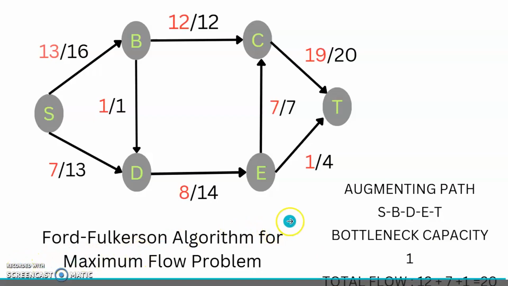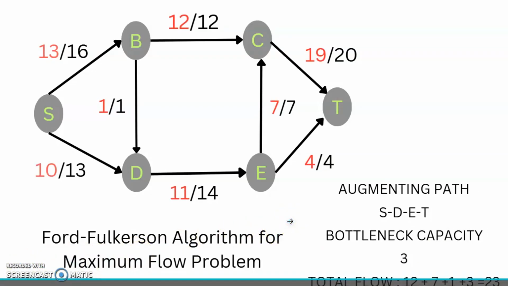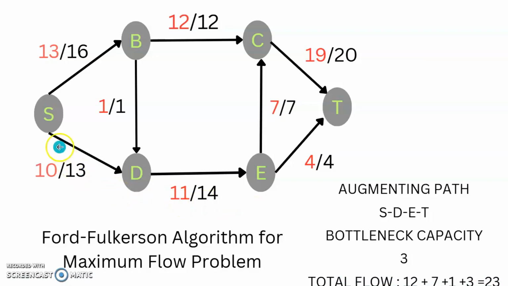Next, I should see is there any other way to reach from S to T. So the another path we are choosing is S to D, D to E, E to T. So now in this path, what is the bottleneck capacity? Suppose here the capacity is 4. Already 1 was used according to the previous diagram. So remaining is 3.